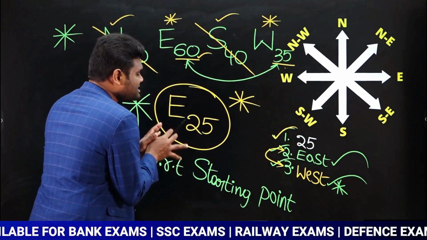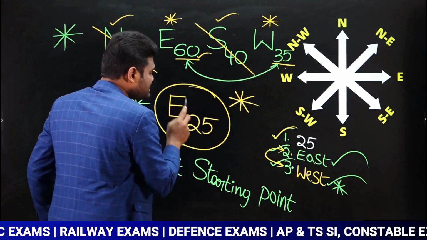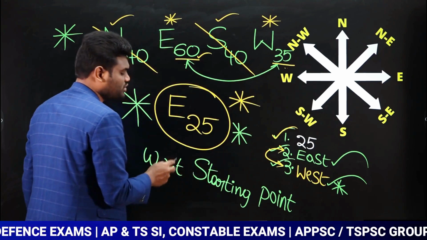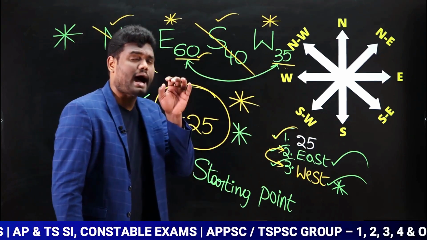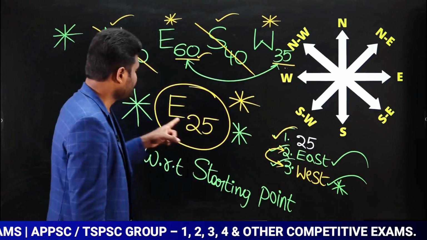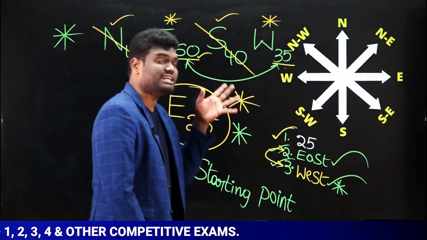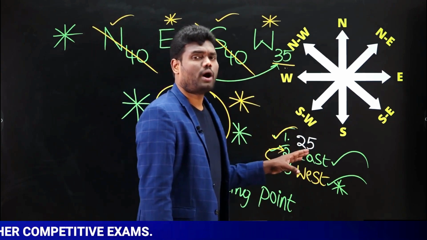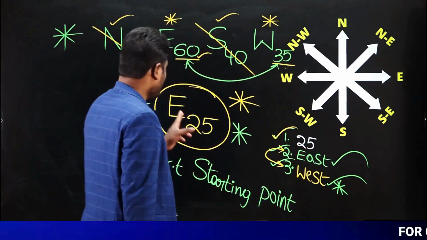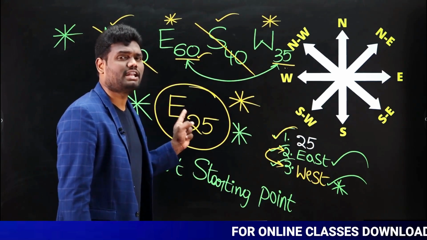Whatever answer we get when we apply the shortcut technique is with respect to the starting point, which means if we observe from the starting point, the direction is east. And if the question asks what would be the direction from the ending point, it should be exactly the reverse of this.